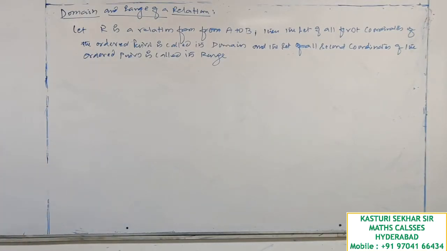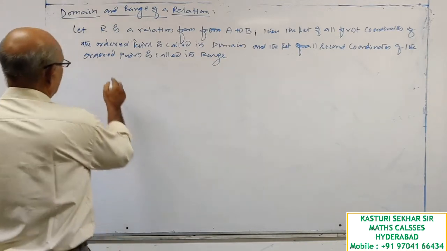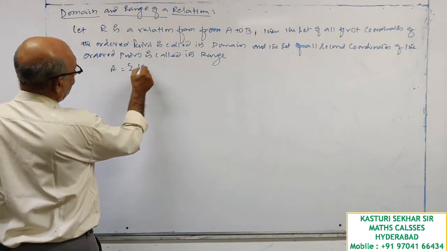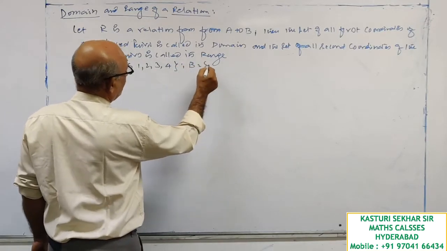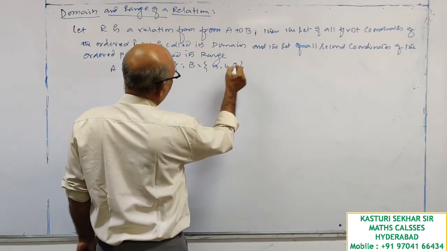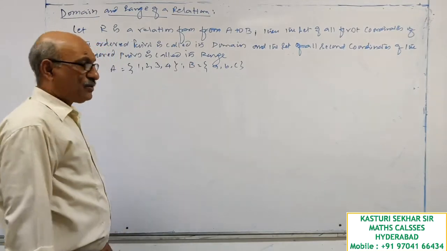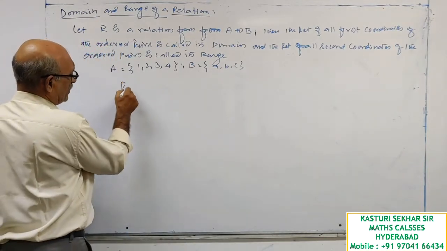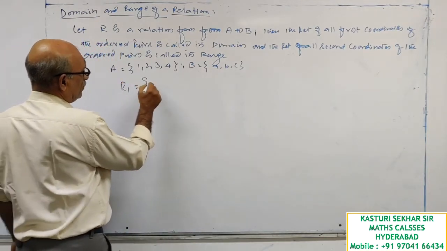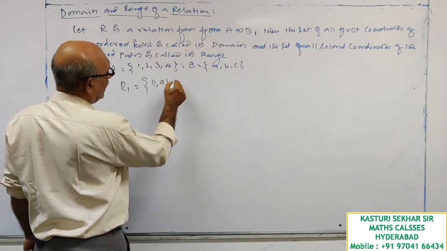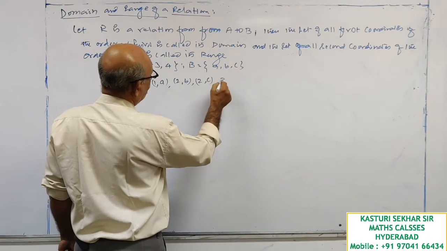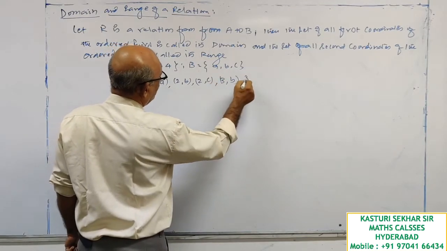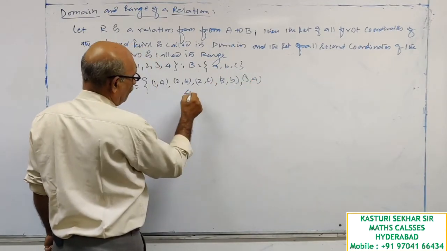Let us see an example here. A is equal to {1, 2, 3, 4}. Let us say B is equal to {a, b, c}, 3 elements. You define any relation. R1 is equal to {(1, a), (2, b), (2, c), (3, b), (3, a), (4, c)}.